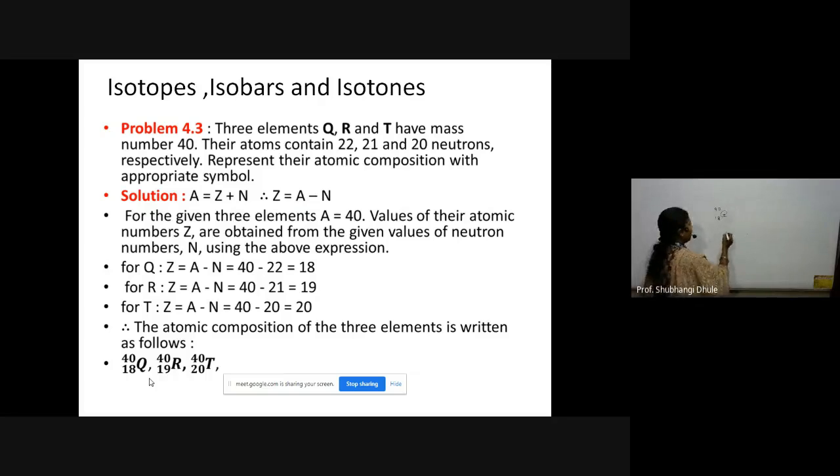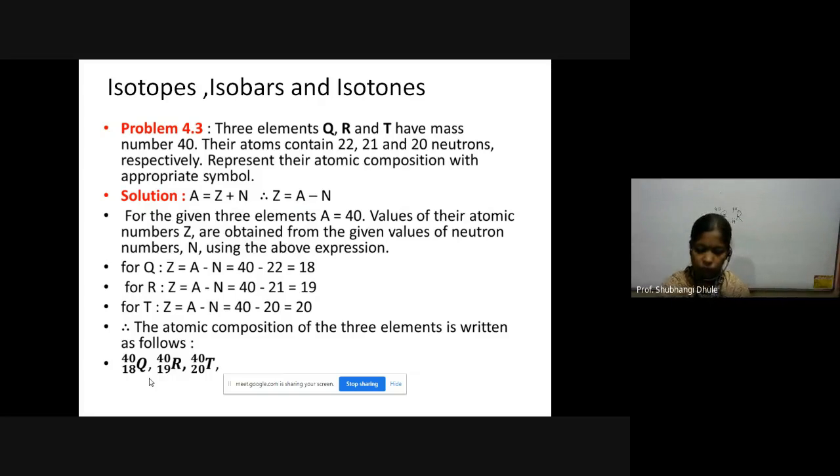For R, the 40 remains the same, 40 and 19. And T becomes 40 and 20. So this is the representation for the Q, R, and T elements.